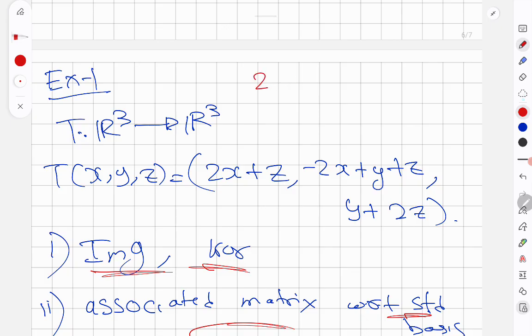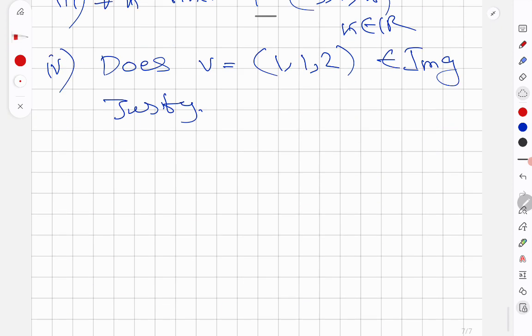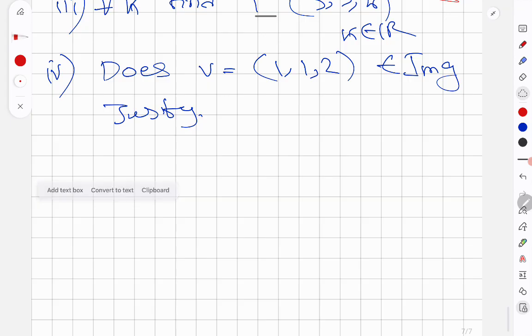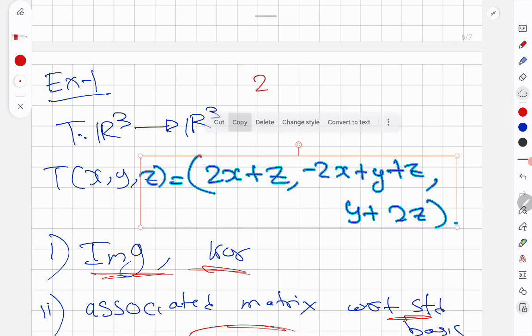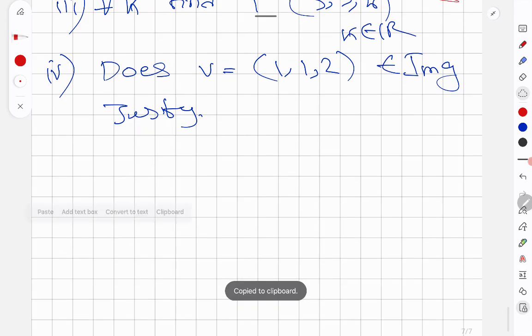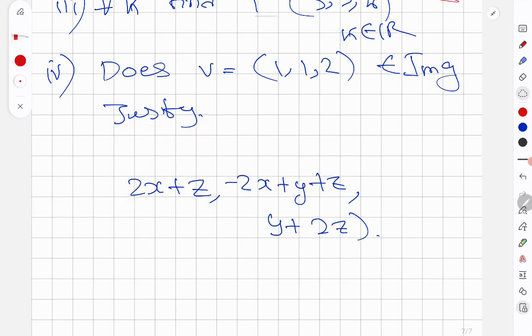Let me just copy paste it. This equation equal to 0, this equal to 0, this equal to 0. So you can solve this equation.